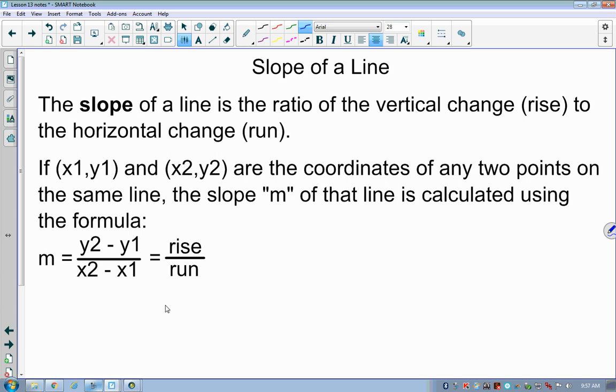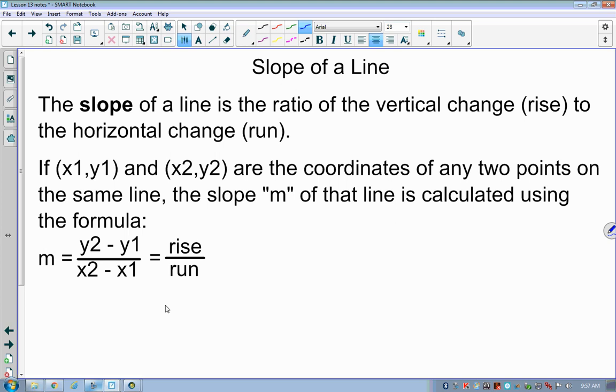No, it doesn't change. So it says y2 minus y1 and x2 minus x1, but it doesn't matter which one is y2 or y1 or x2 or x1, just so long as I don't flip them. Okay? So I can do y1 minus y2 so long as I do x1 minus x2. Do you understand? It's not going to change your answer.